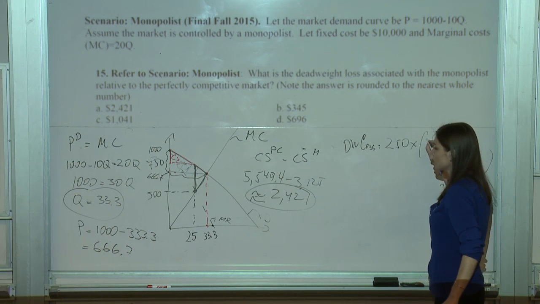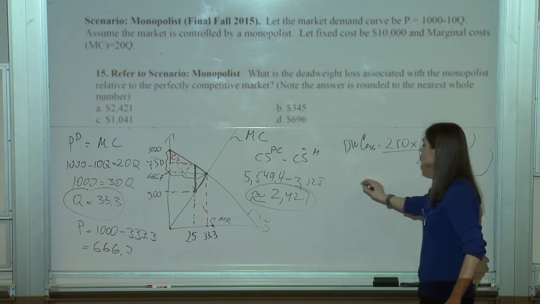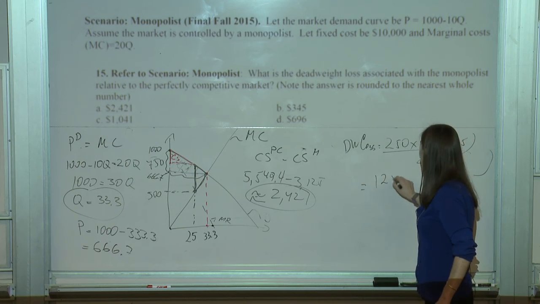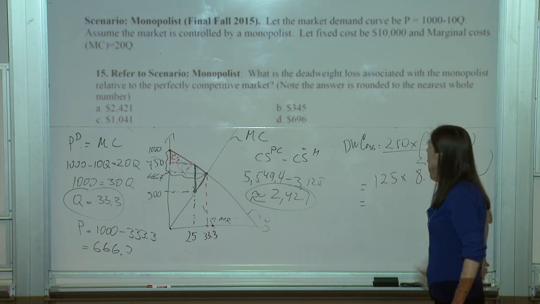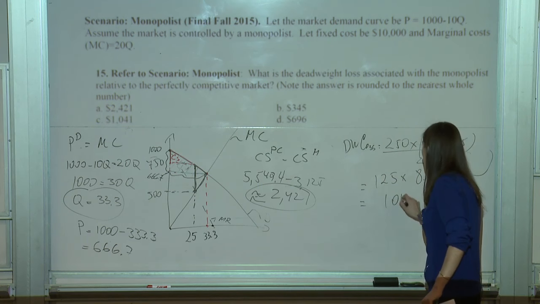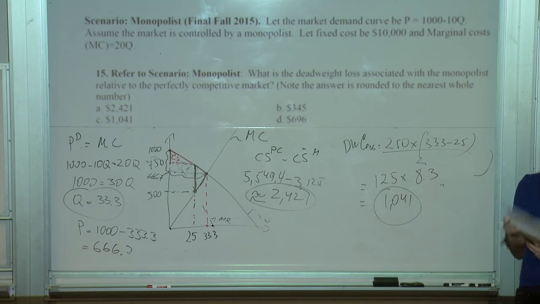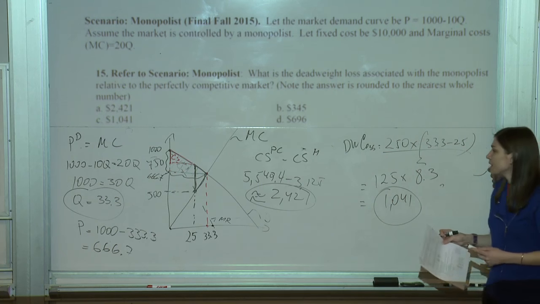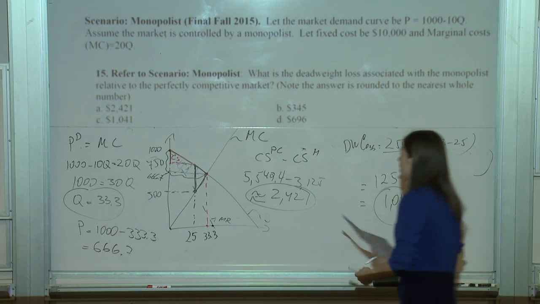So that's 33.3 minus 25, and the whole thing divided by 2. So it's 125 times 8.3, which turns out to be approximately 1041.